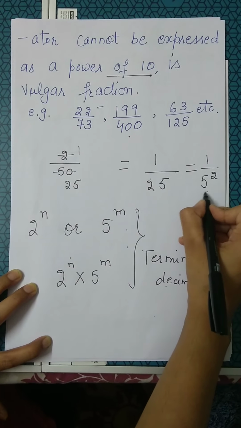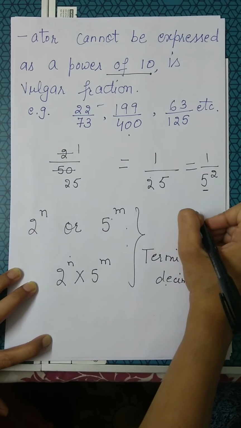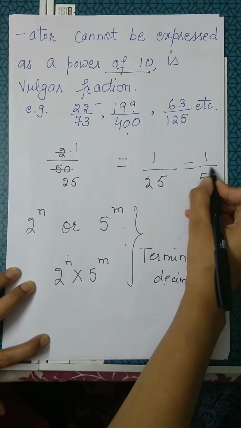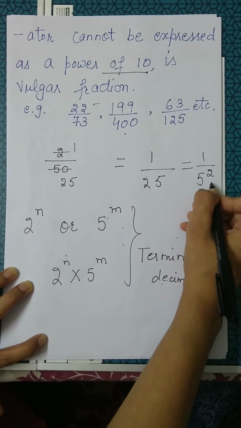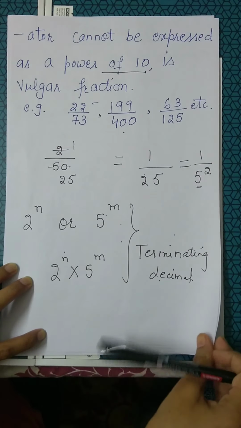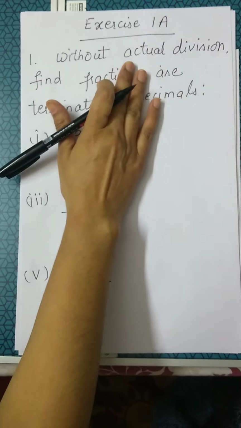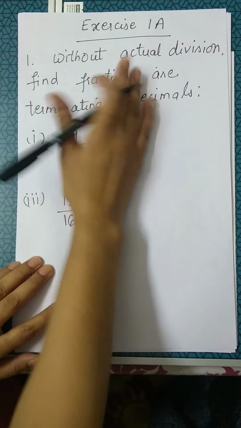Now the denominator is in the exponential power of 5. So without dividing, by just factorizing the denominator, I can check this number will be a terminating decimal expansion.